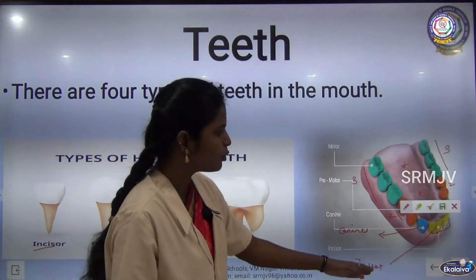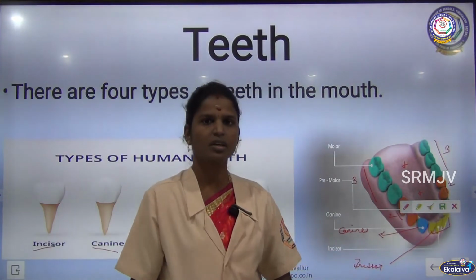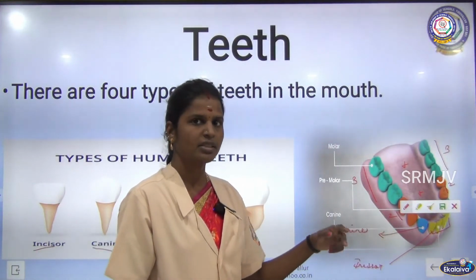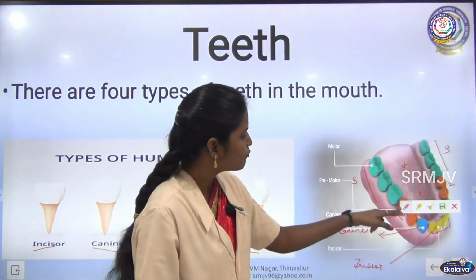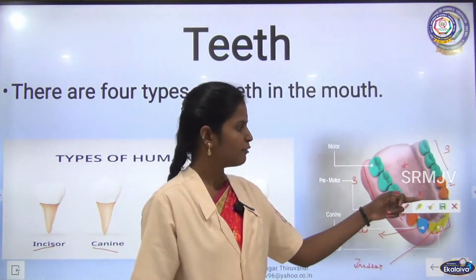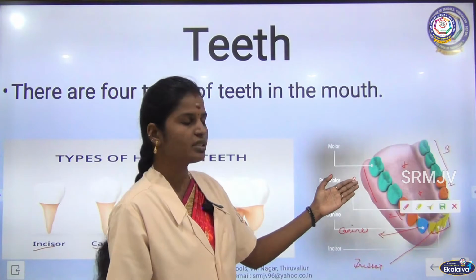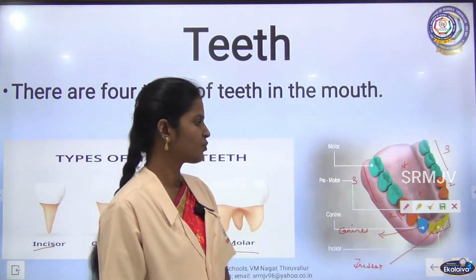Totally we have 4 incisors in the lower jaw and 4 in the upper jaw, 2 canines in the lower jaw and 2 canines in the upper jaw, 4 premolars in the lower jaw and 4 premolars in the upper jaw, and 6 molars in the lower jaw and 6 molars in the upper jaw.